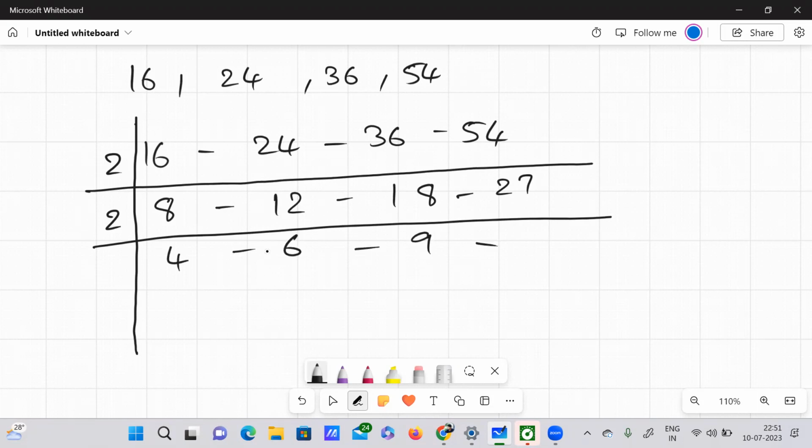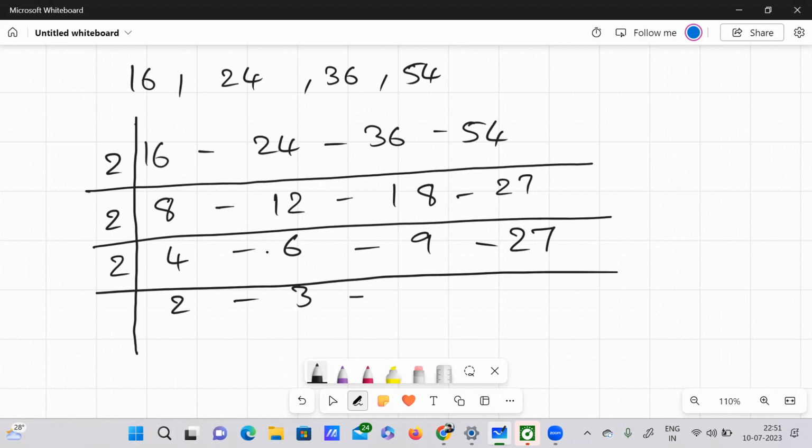Here with the help of this 2, we can't divide this 27 perfectly. So we can just place 27 as it is. This time we can consider the number maybe 2, 2 twos are 4, 2 threes are 6, and then it can't be divisible by 2 completely. So we can drop it as it is.